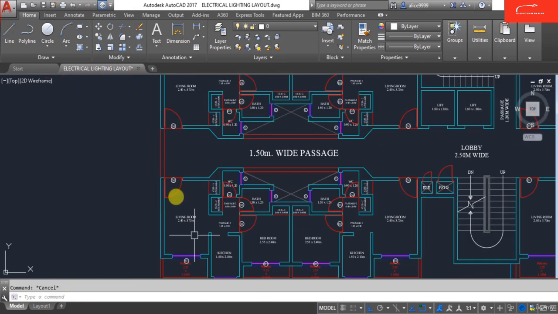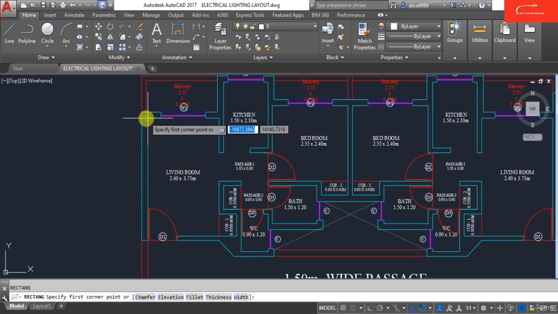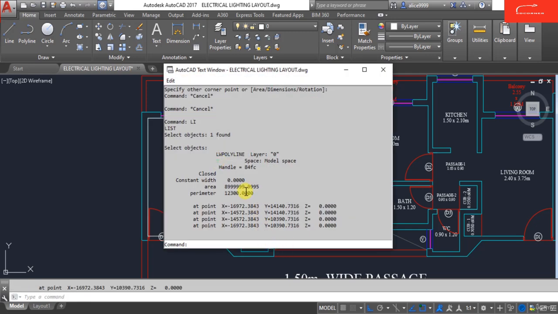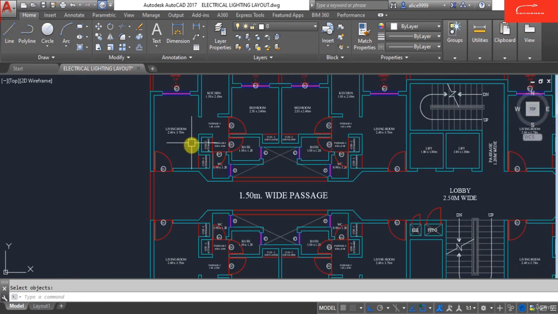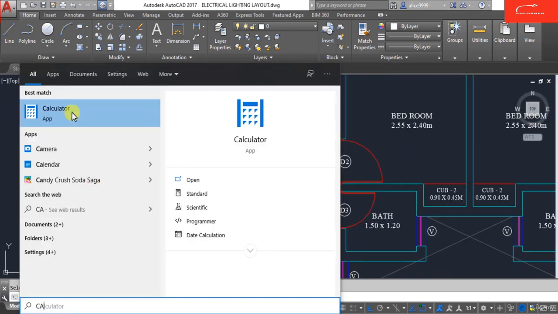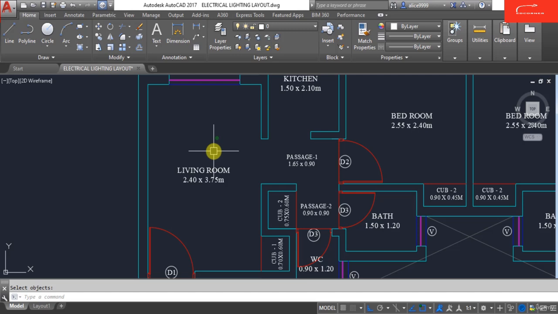Area of application, that is the living room. We need to find out the area of the living room, which is around 9 square meter, calculated as 2.4 into 3.75, that is 9 square meter.